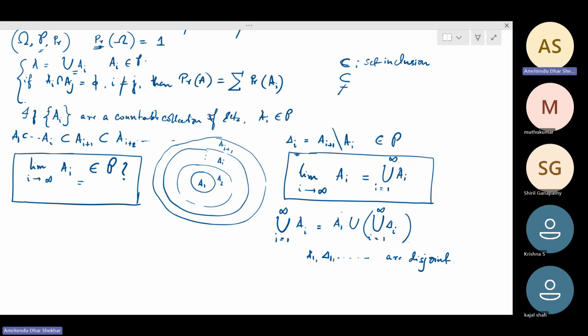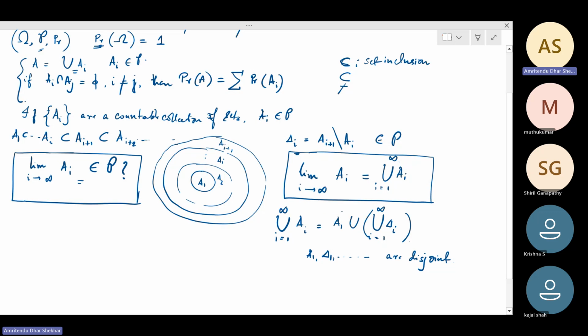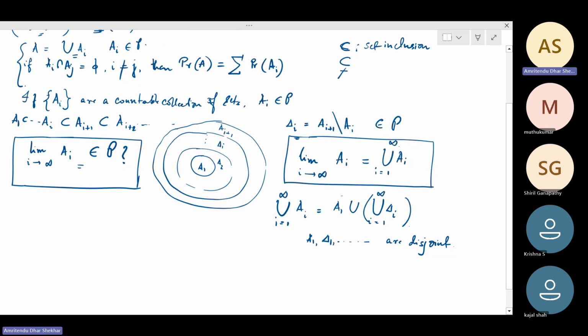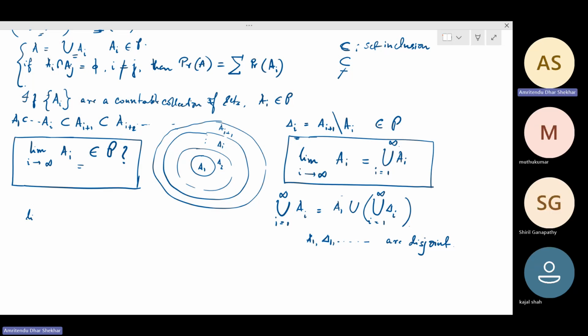So that closure under countable union basically tells us that if we have a growing sequence of sets like these, then the limit of such a sequence will exist in the sigma algebra. So it's going to be a measurable set. Okay, and this is very important to us, as some of the later examples that we see will illustrate.